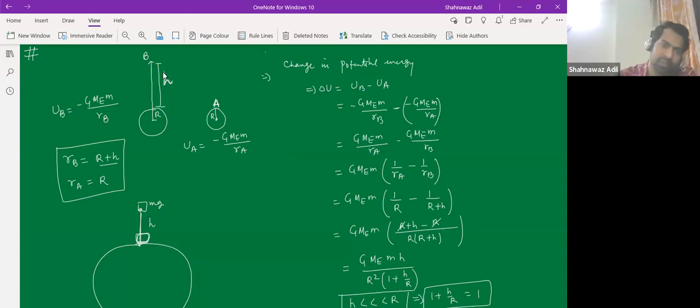I have calculated the change in potential energy from B to A point. Quickly you guys note it down and then we do one question, so this would be very clear to you guys.